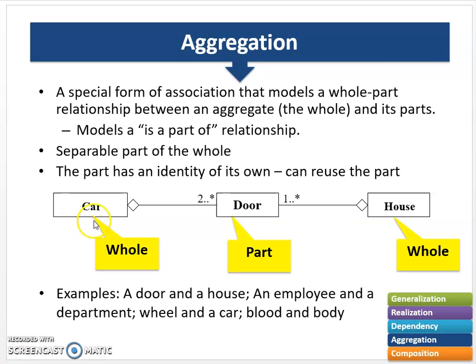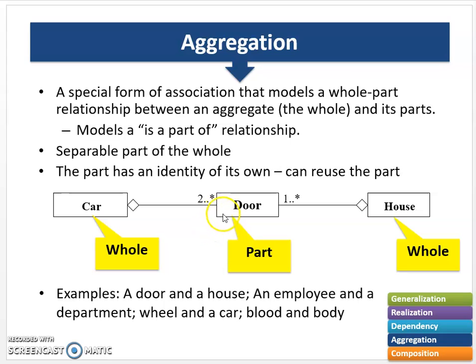In this example, a car is a whole and a door is a part. A door is part of a car, or one can say a car has two to many doors. The lifespan of the door does not depend on the lifespan or life cycle of the car.